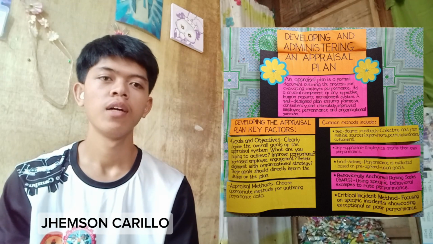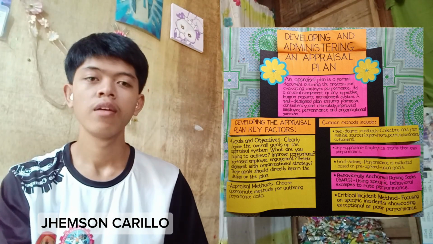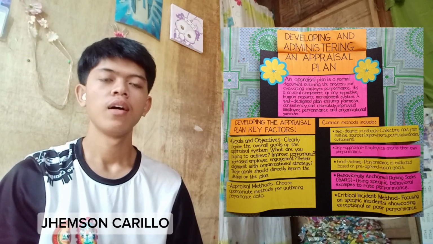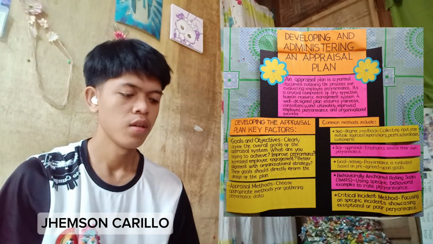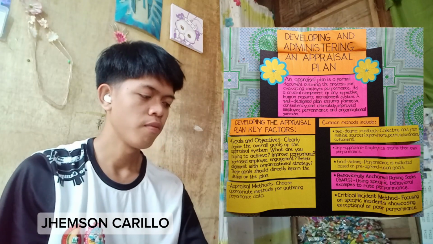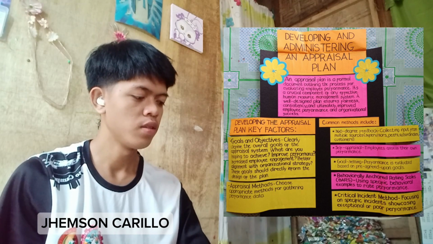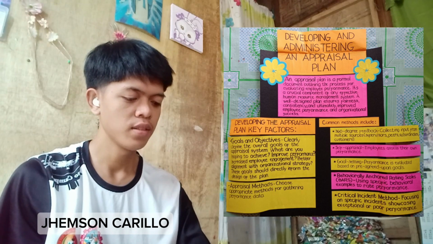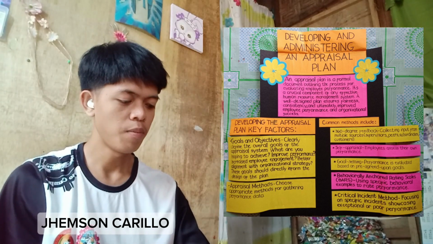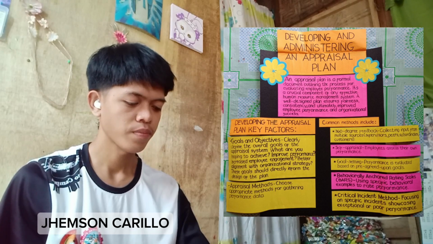Second is appraisal methods. Choose appropriate methods for gathering performance data. Common methods in gathering performance data are, first, 360-degree feedback, collecting input from multiple sources: supervisors, peers, subordinates, customers. Second is self-appraisal. Employees assess their own performance.